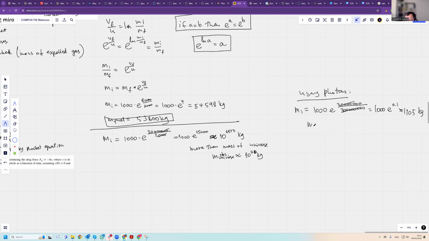So the mass of fuel is 105 kilograms. So if you were able to expel the fuel at the speed of light, you would only need 105 kilograms of it. The only thing is, you can't take 105 kilograms of photons because photons are massless. That's a problem. Maybe you can solve it.